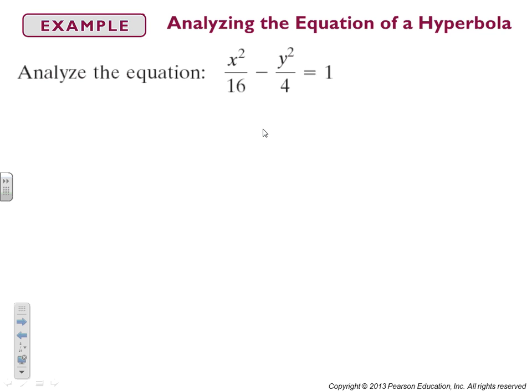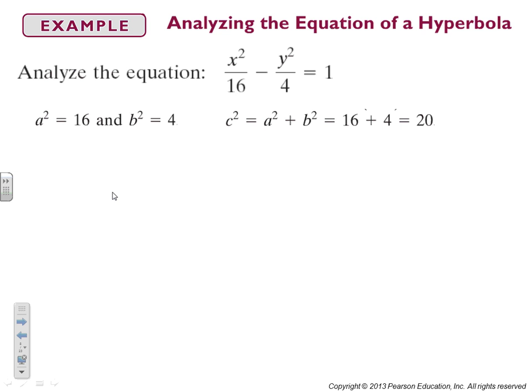We are now going to be given an equation, and we're going to have to find the foci, vertices, and graph. If we have x squared over 16 minus y squared over 4 equals 1, we know that a squared is this term right here, what's underneath the positive term, and then b squared is the denominator of the negative term.